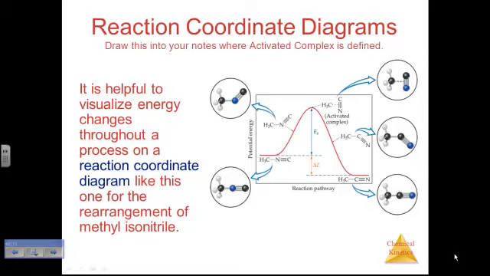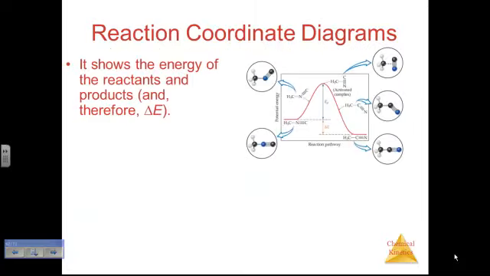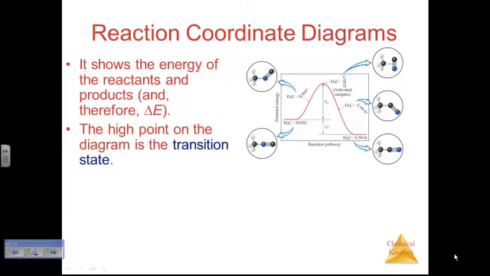A reaction coordinate diagram like this for the simple rearrangement of methyl isonitrile. Reactants turn to products. It shows the energy of the reactants and products overall, exothermic. The delta E here showed a net loss of energy from reactants to products.